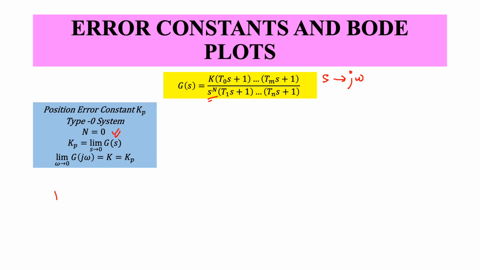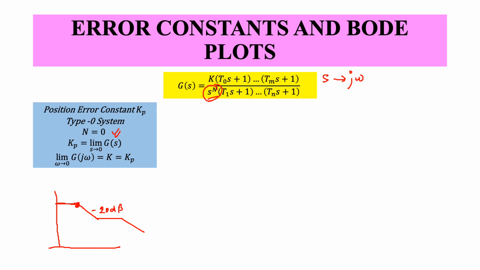My Bode plot will initially have a certain constant magnitude, right? Because the pole at the origin will not be there. Then suppose I have a pole, then a zero, then a pole. Okay, so this is minus 20 dB. This is my first corner frequency.